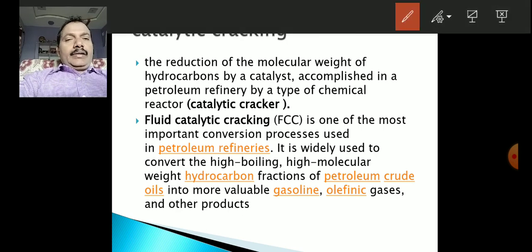And observe here, the catalytic cracker plays an important role.